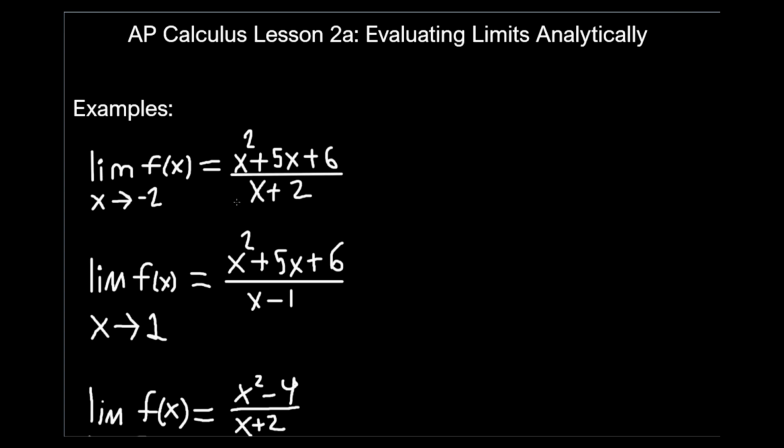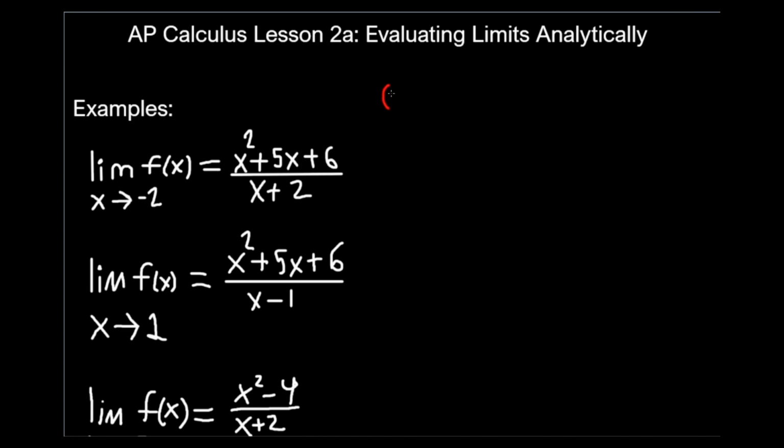Okay, so our first example here is the limit of f of x as x approaches -2, where f of x is x squared plus 5x plus 6 over x plus 2. We're going to start by plugging -2 into this equation.